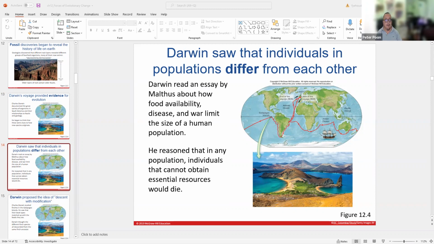Then he read an essay by Thomas Malthus about food availability. Malthus was a brilliant mathematician, but he theorized that eventually the Earth will run out of food for humans, and that this was going to happen soon. There wouldn't be enough food, everybody would be starving, and eventually there would be wars over food.